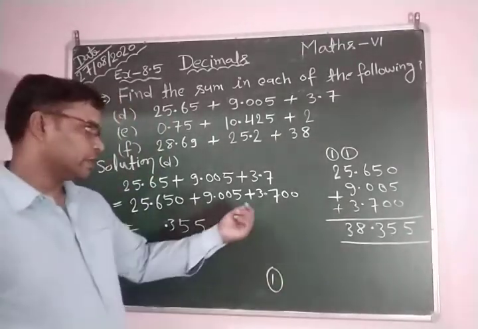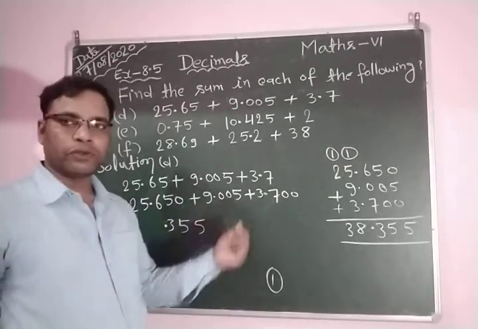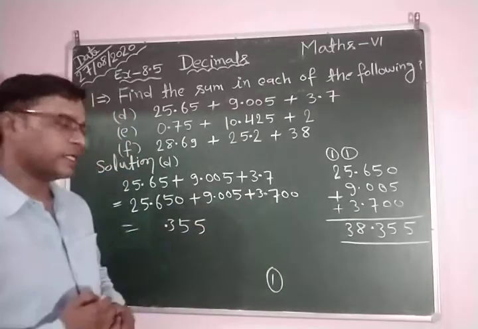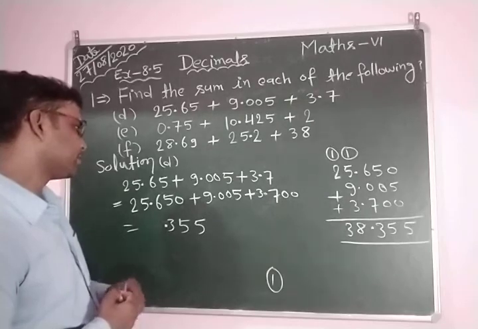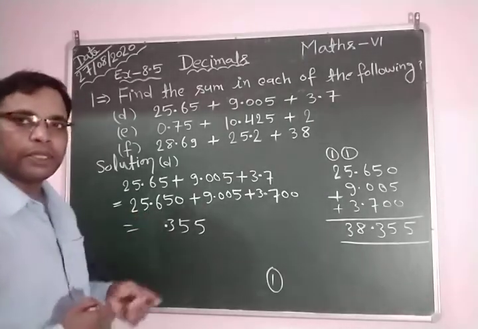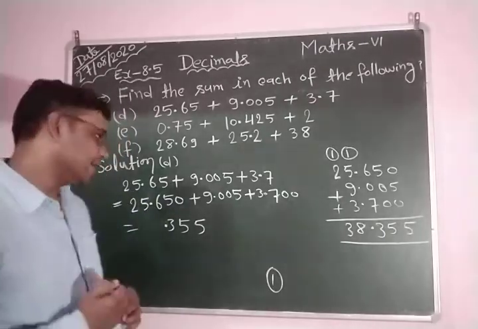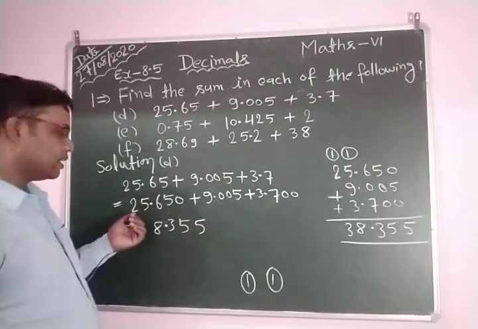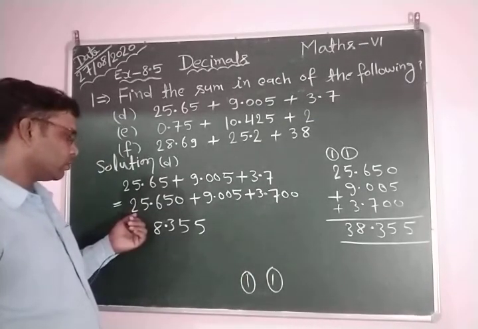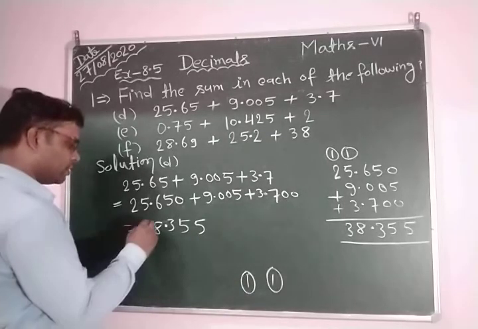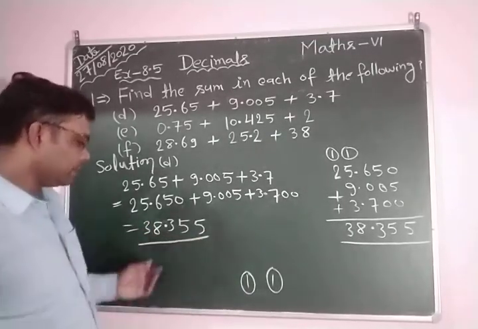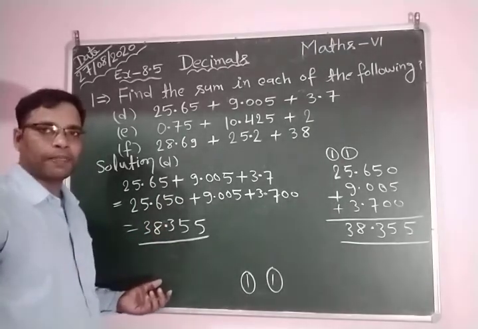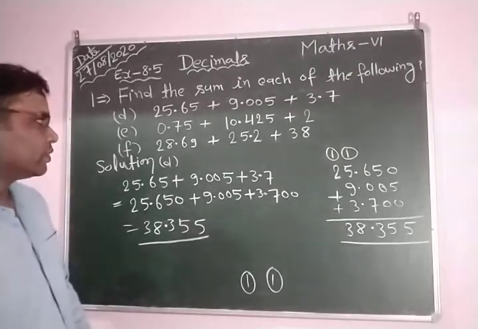Now we add the ones place digits: 3 plus 1 is 4, 4 plus 9 is 13, 13 plus 5 is 18, 8 and again carry 1. Now we have only 2 at the tens place, so 2 plus 1 is 3. In this way we sum them and get 38.355. So students, I hope all of you understood these problems.